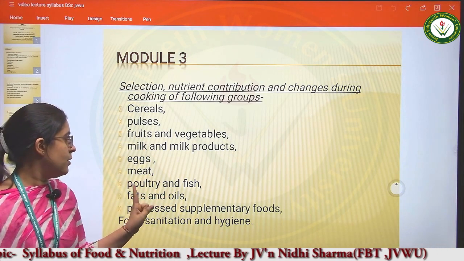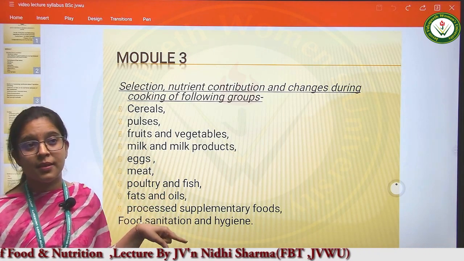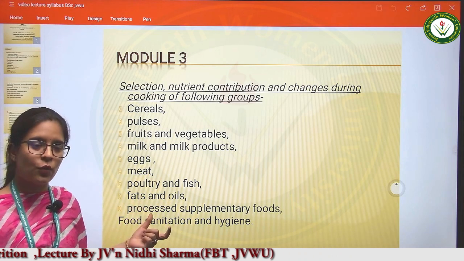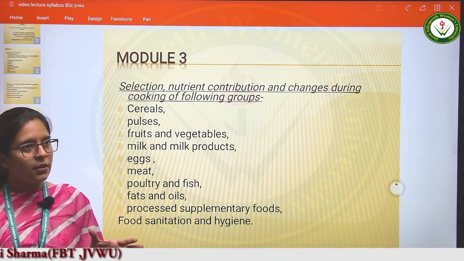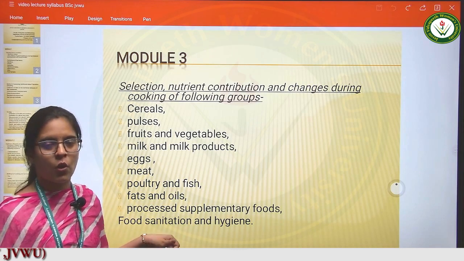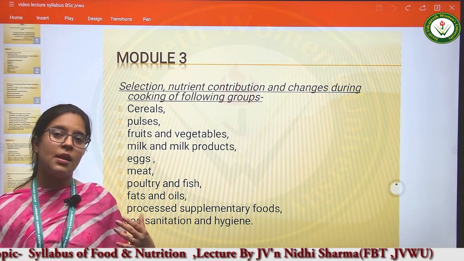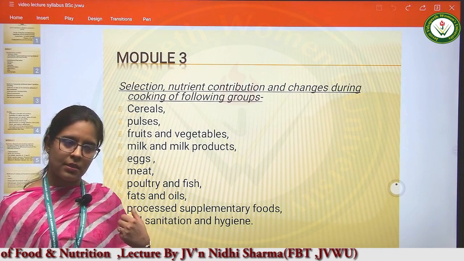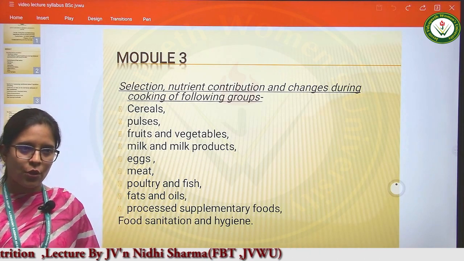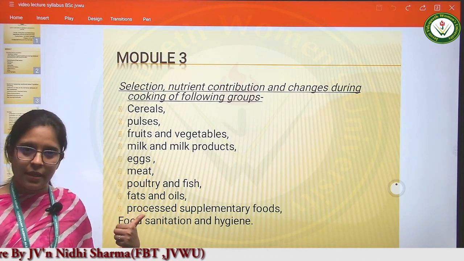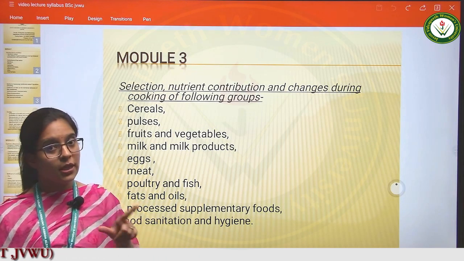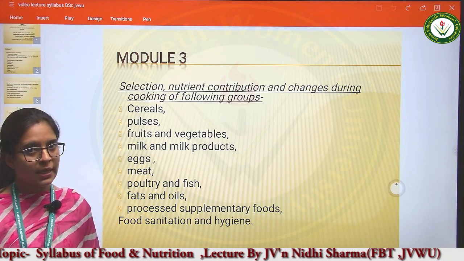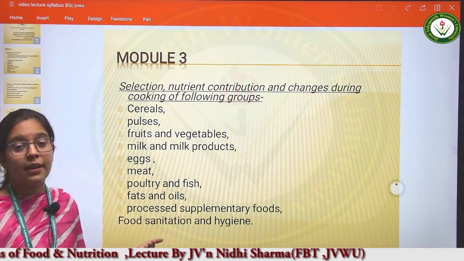The same goes for fats and oils. Rancidity is the term we use for the deterioration of fat. So you have to check whether the fat or oil you are purchasing is suitable for consumption or not. If its expiry date has passed, it is not suitable. You also have to check the nutritional label, the manufacturing date, the expiry date, the ingredients.